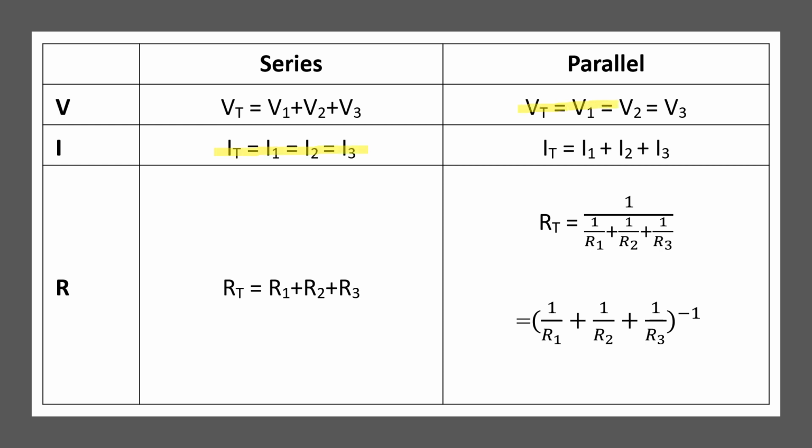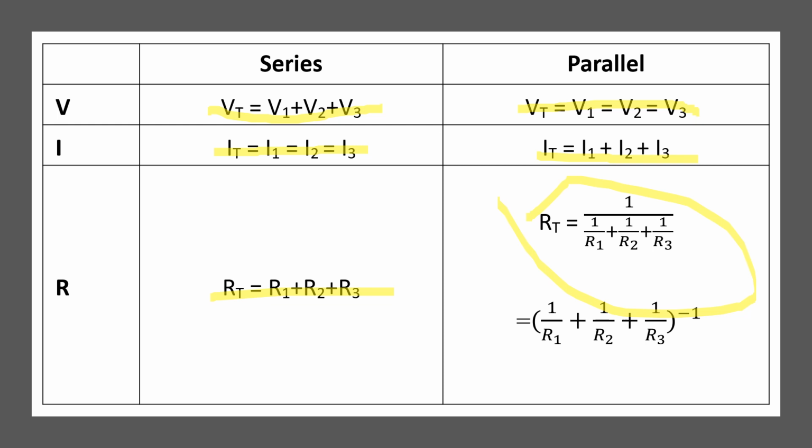In parallel, the volt is the same. So series, current; parallel, potential difference, volt, EMF. Then in series, the volt is the sum for the whole circuit, and in parallel, the current is the sum.